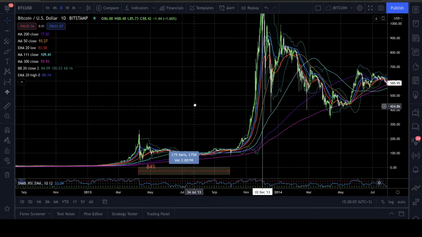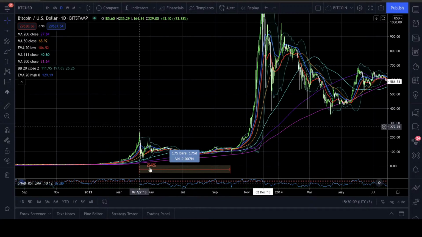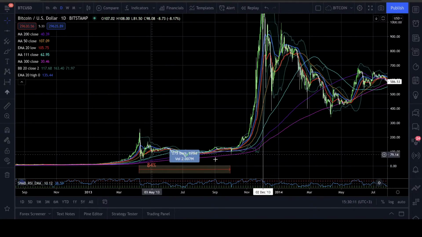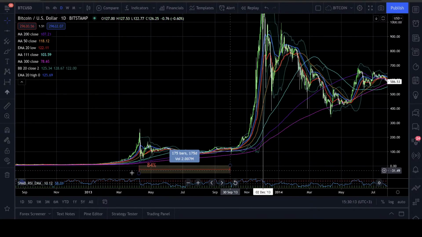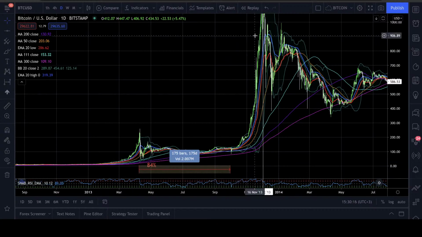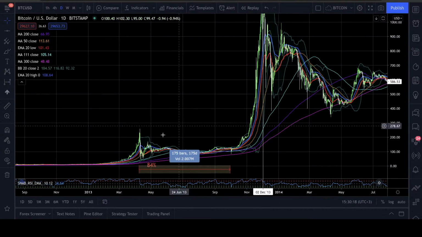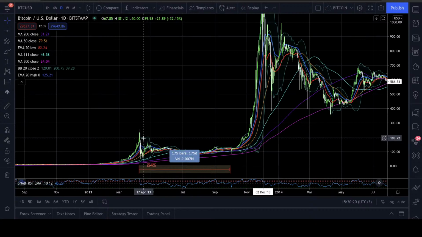People say, look, in 2013 it crashed, and then what? Nine months later, it rallied, and they are correct. So what happened back then? Bitcoin crashed 84%. Like I said, anything more than 50% is a crash, and they are right.